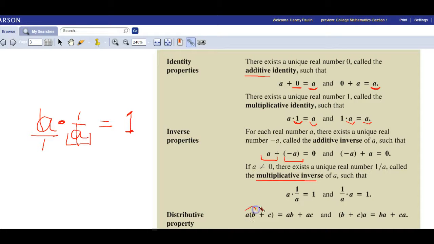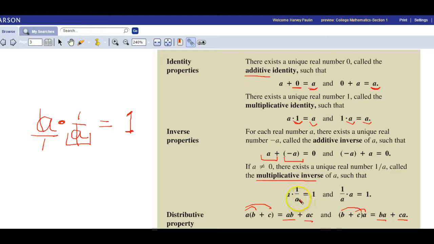A times B gives us AB. A times C gives us AC. Now we can also do it this way as well, and it becomes the same thing. B times A, AB, C times A, CA.